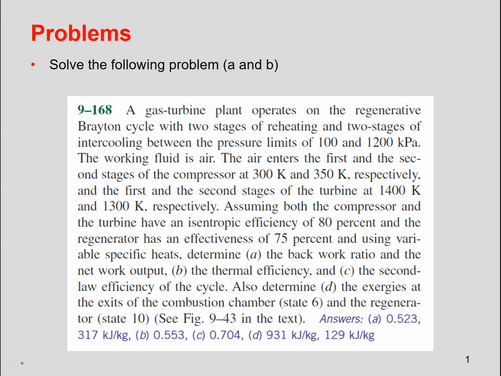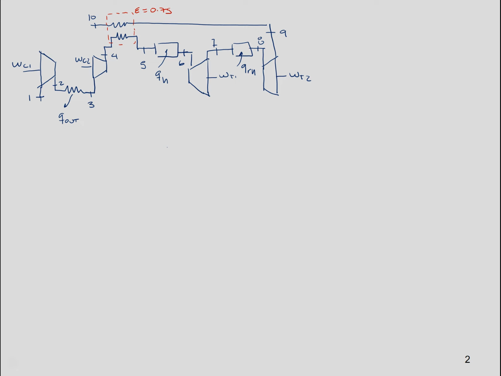First of all, we are going to start with our diagram, and in the diagram we are indicating all the components: the two compressors and two turbines, the reheat section and the heater section, and the regenerator.